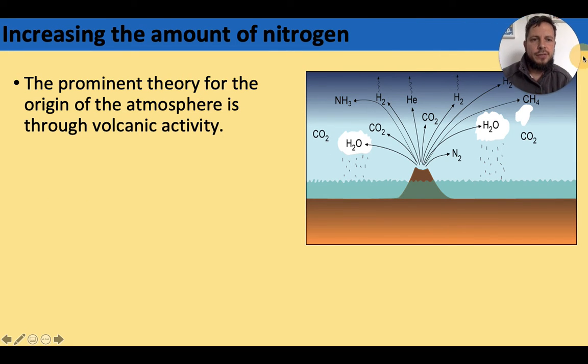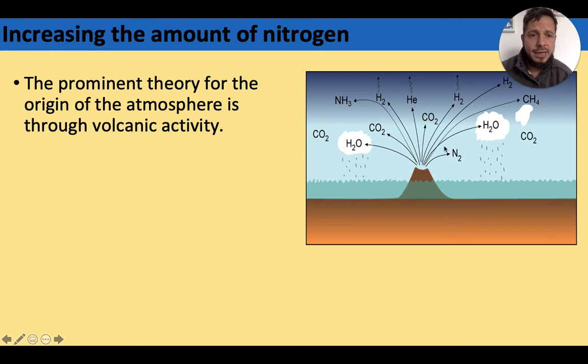We're going to look at the change in nitrogen to begin with. The amount of nitrogen in the atmosphere has increased. So what has caused this? Well, as we've already talked about, the prominent theory for the origin of the atmosphere is through volcanic activity, and volcanoes spew out water, carbon dioxide, ammonia, hydrogen, helium, methane and nitrogen gas.